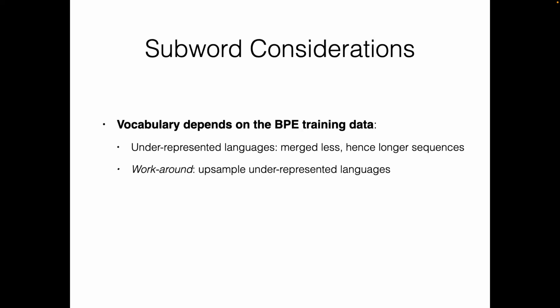For example, if you have a particular language that appears 0.01% of the time in your corpus, but you know that your model is going to be deployed to customers in that language, then you can upsample those in the BPE training data. So one thing that's done is to be careful about what data the BPE algorithm itself is run on.